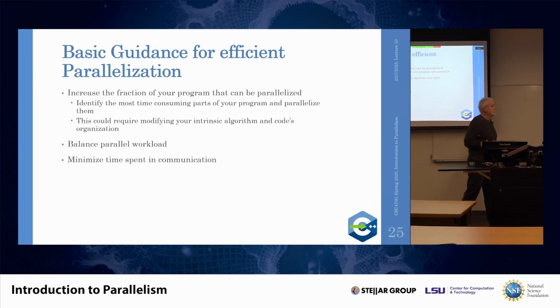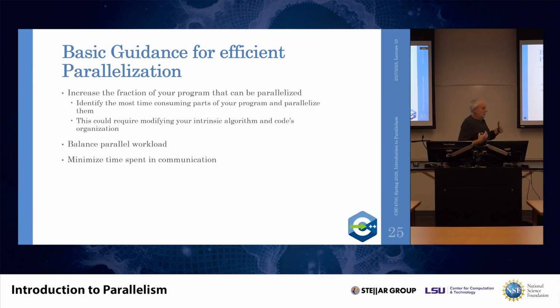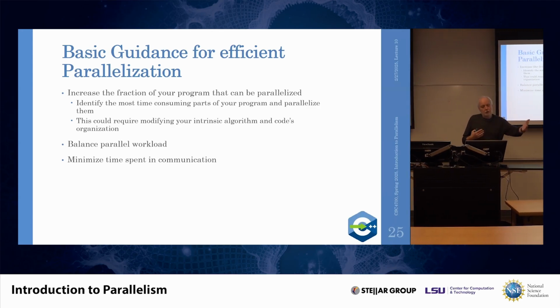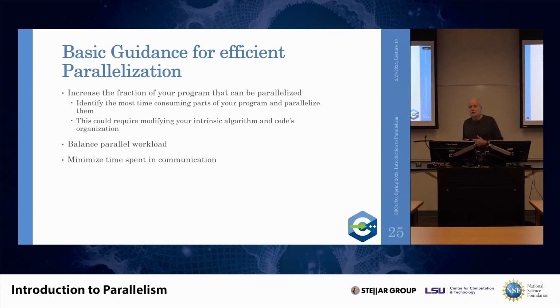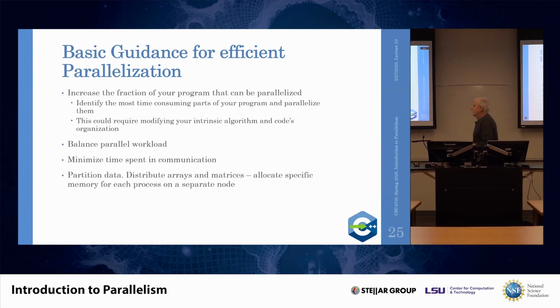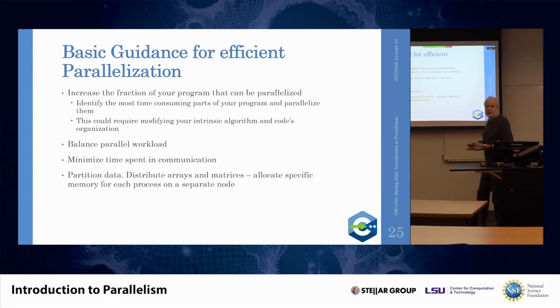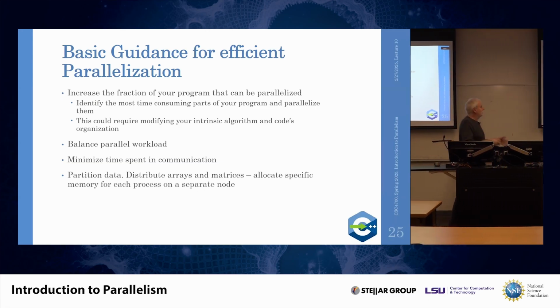We want to minimize that. One of the ways of doing that is by designing code in a way that you can overlap the communication with the computation so that you don't idle your computational resources when communication is necessary. And partition data. How do you partition data? How do you distribute data? What criteria do I apply to split my problem into smaller pieces?